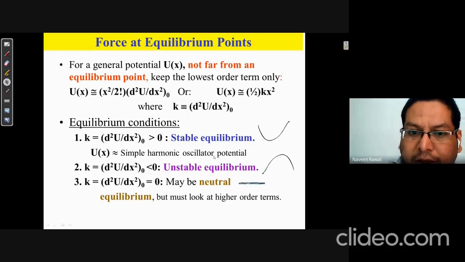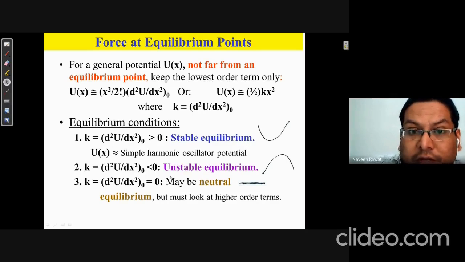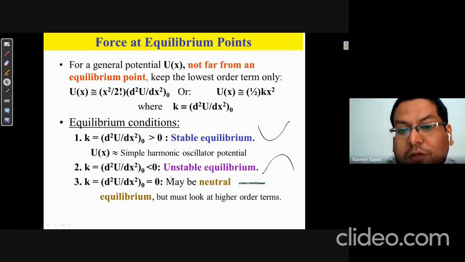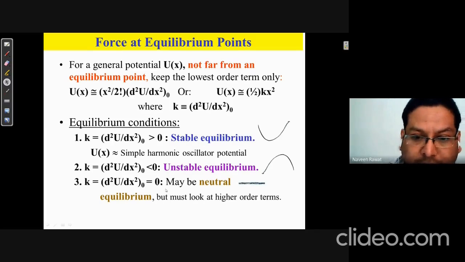If the double derivative of your potential function is less than 0, then you have an unstable equilibrium condition in your problem. And if the double derivative is 0, then maybe it is neutral, maybe it is not. It's difficult to say, so that prediction is not as straightforward as it might look.